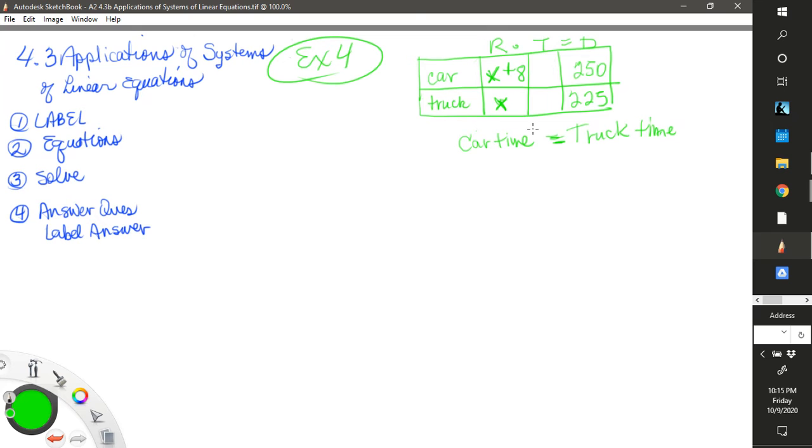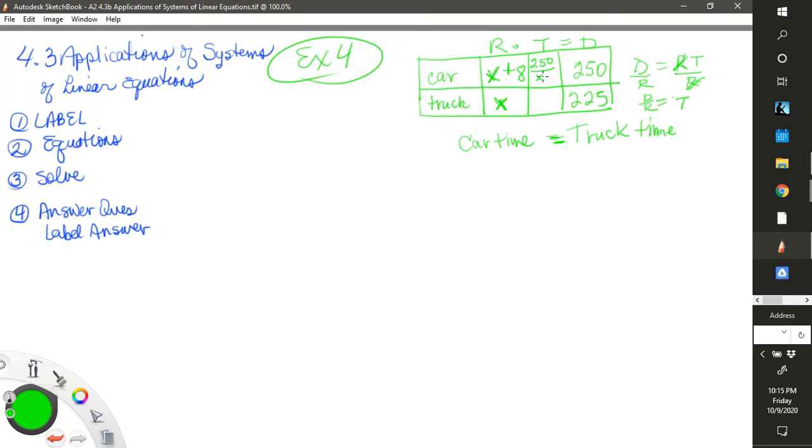We don't know the time, but we also have a formula. We have a formula that says distance equals rate times the time, so we can just solve for time. We'll divide both sides by rate. That cancels right here. And time is distance divided by rate. So my distance is 250.